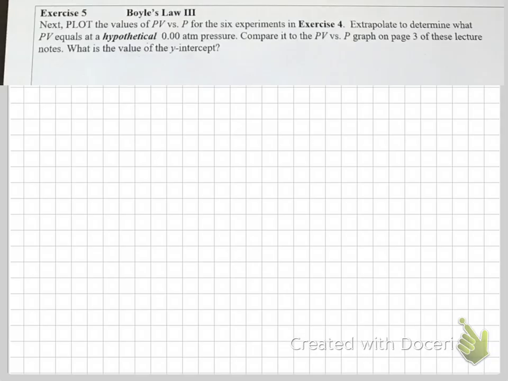So on this graph for exercise 5, we are plotting the values of PV versus P, so our Boyle's constant versus P, for those 6 experiments. And then we are extrapolating, so that means you are extending the line to think what, hypothetically, if we had 0 ATM, if we had no pressure, what would our gas constant be equal to?